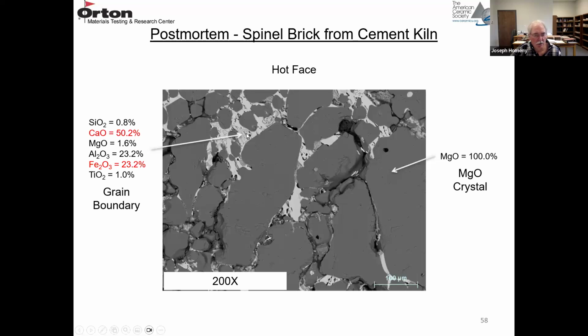So this material at the grain boundaries is high in lime, about 50%, and high in iron oxide, about 23%. There's some residual alumina also present. Actually, the alumina may come from the charge also, but definitely the lime and the iron oxide is coming from the charge.